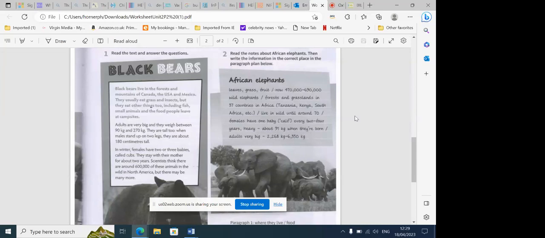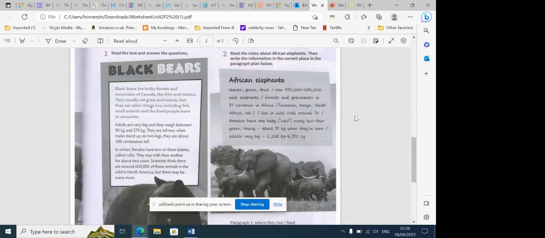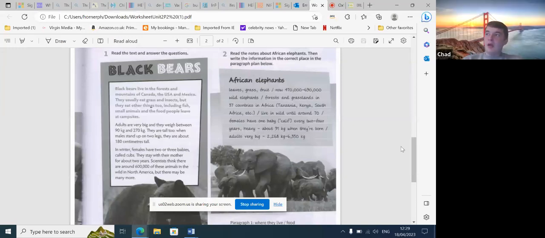Females have one baby or calf every 2 or 4 years. It's heavy, about 91 kilograms when they are born. Adults very big, 2,268 kilograms to 6,350 kilograms.